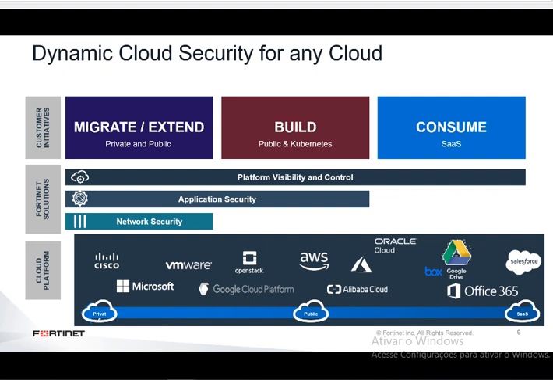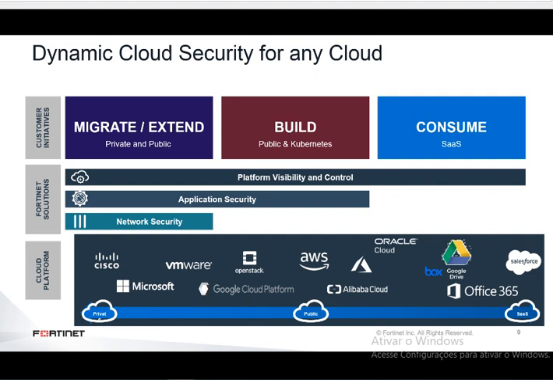Second, those organizations who are building cloud-native applications often use DevOps methodologies and container and orchestration technologies, such as Docker and Kubernetes, to increase agility and portability. This is to reduce the risk of cloud lock-in. Third, those organizations consume online software as a service applications, such as Office 365 or Box.